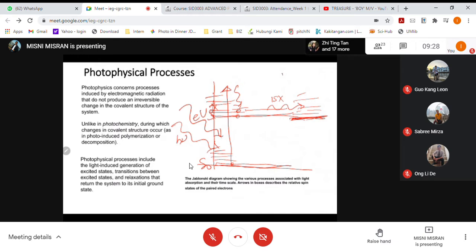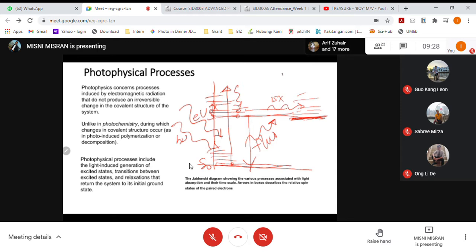If the molecule comes down to the ground state from the first excited state, it emits light. So this emission is fluorescent emission.